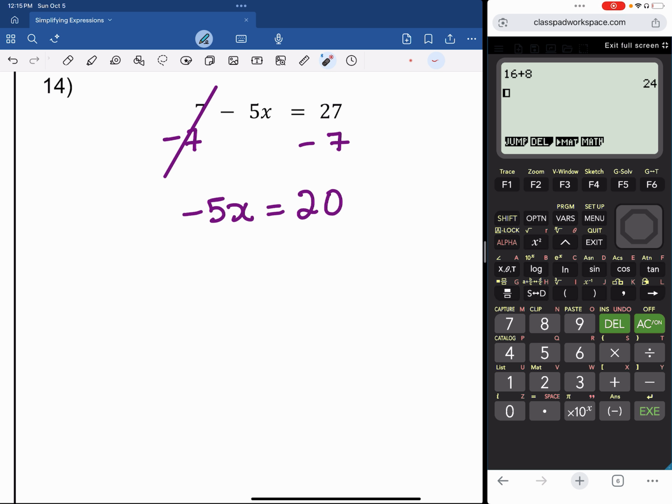Remember that this is negative 5 times x, and the opposite of multiplication is division. So our very last step here is to divide. We always divide by the number or the coefficient that's in front of x. And we also divide with the sign that is in front of that coefficient. So I'm dividing both sides by negative 5.